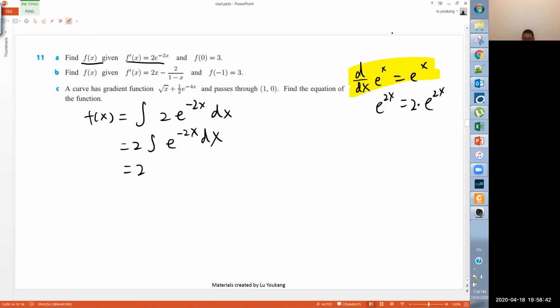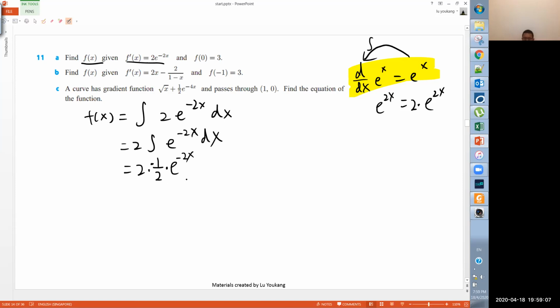So when you integrate e^x, you also get back e^x. Okay? So I integrate, I should get back the same thing. And you know that when you differentiate this thing, your minus 2 will be brought down, right? So you need to have your minus half to cancel the effect of it.